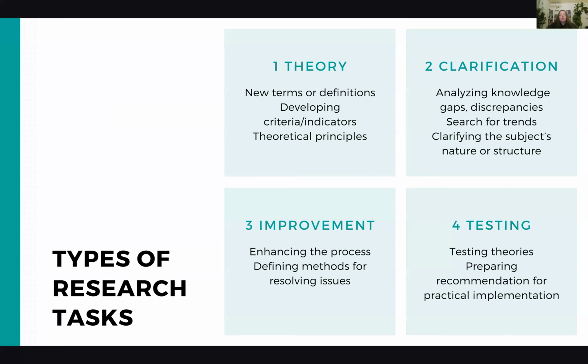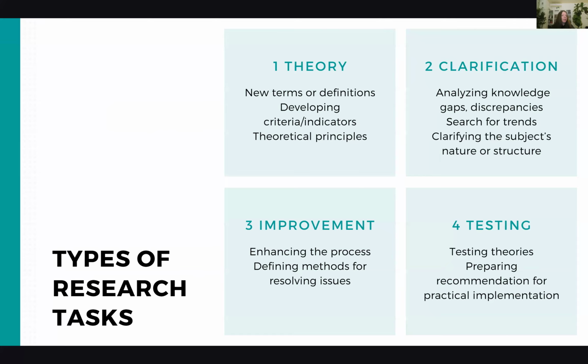The second task would be clarification. So you are analyzing knowledge gaps and discrepancies, searching for trends, clarifying the subject's nature or structure. So, for example, Dennis has chosen the topic of high entropy alloys, right? And we've seen today that there are different methods of actually manufacturing them.